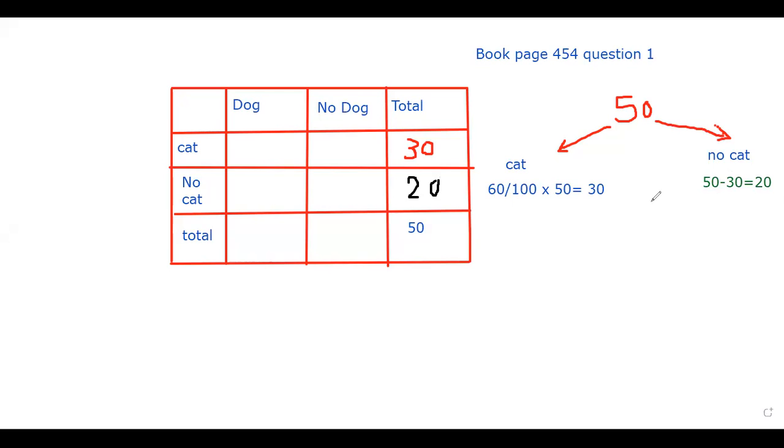70% also have a dog. Then of the students who have a cat, are we talking about 30 or 20? 30. What percent have a dog? 70. So we multiply 70% by 30, those who have a dog.